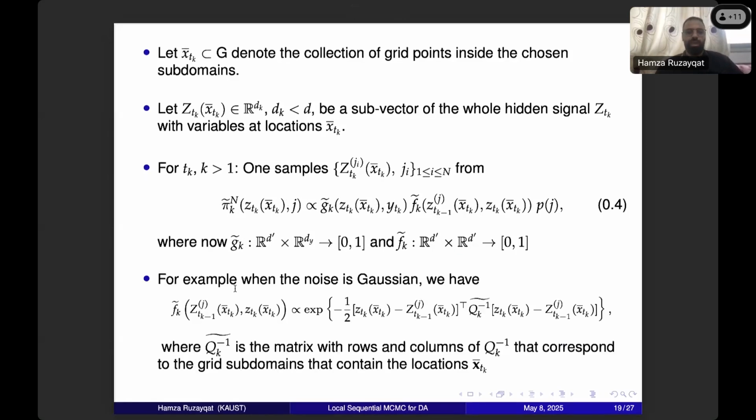The same thing is done for G, the likelihood density, and the way to do that is by cutting the rows and columns in the Q_k inverse matrix and keeping only the ones that correspond to these locations.